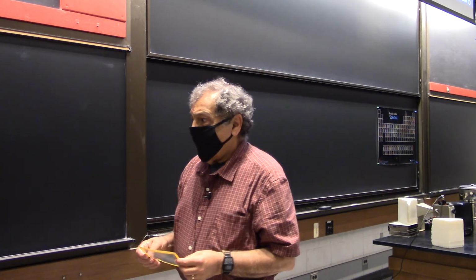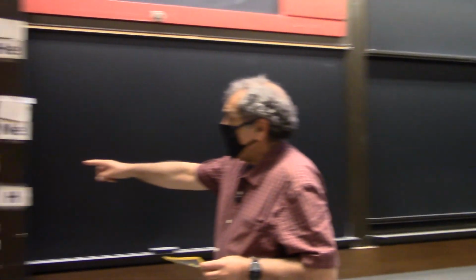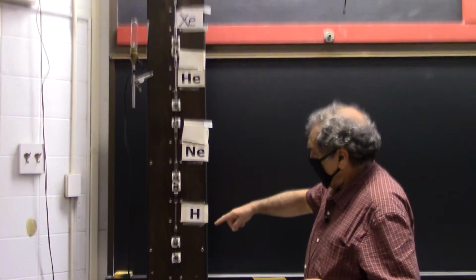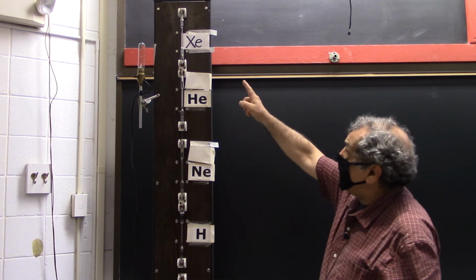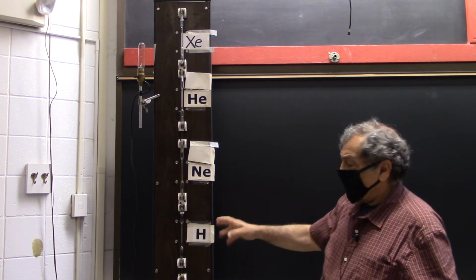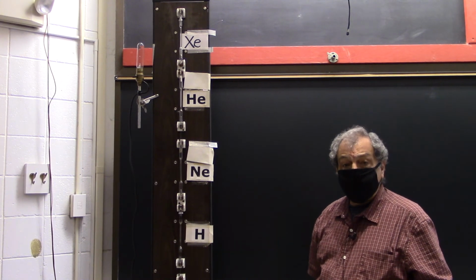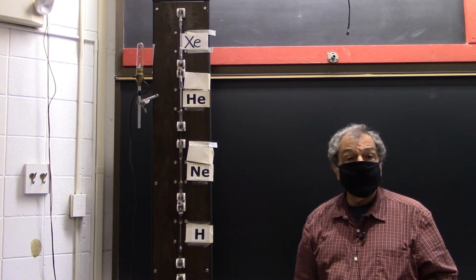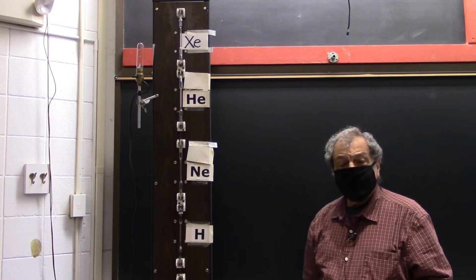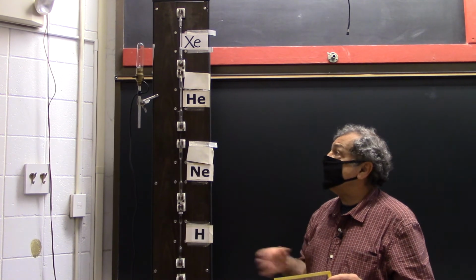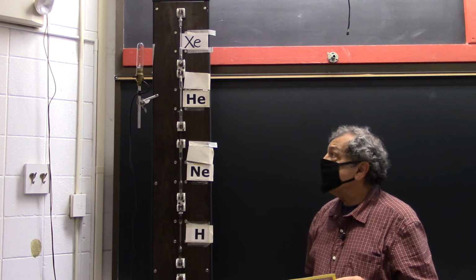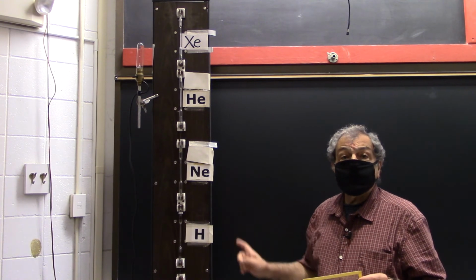Okay, as you can see here, we have 4 elements: hydrogen, neon, helium, and xenon. And you can take a look at the light as it goes through the diffraction grating. And as you will see, instead of a continuous spectrum of light like the rainbow, you are going to see spectral lines.